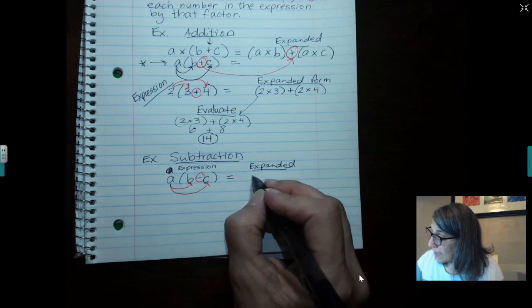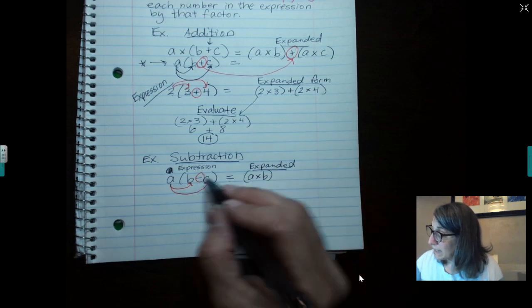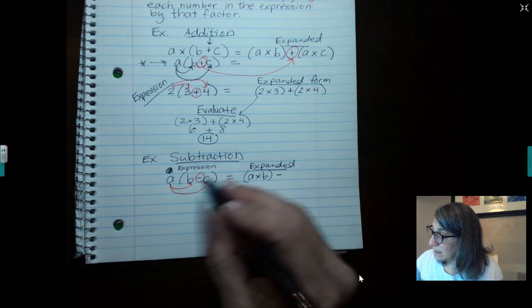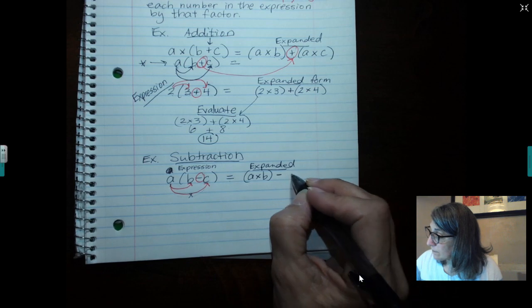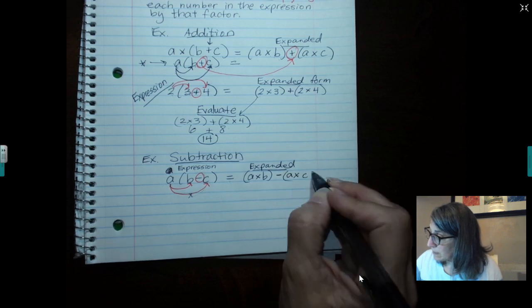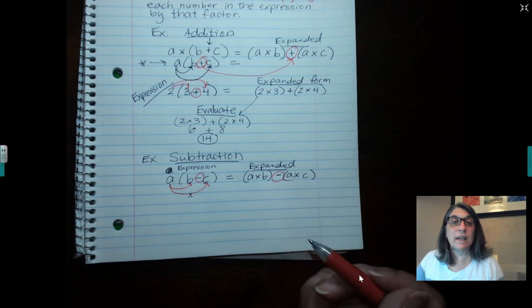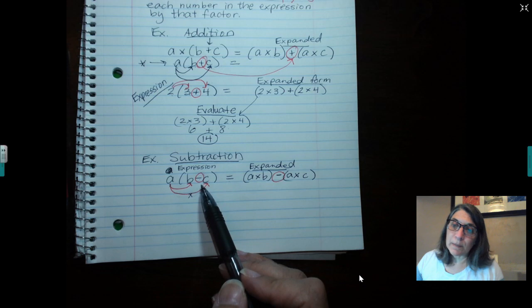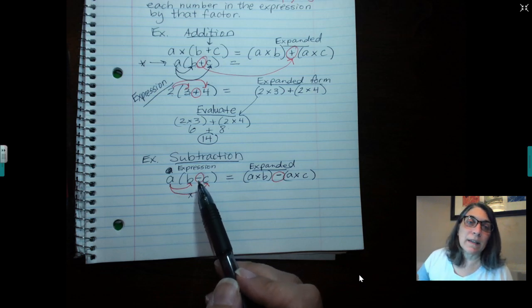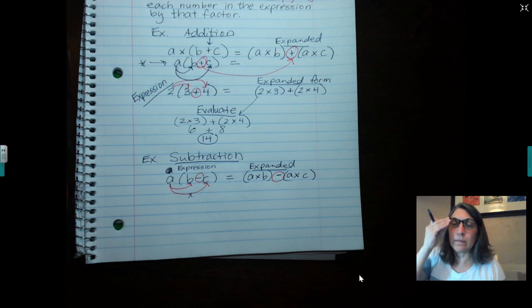So I'm going to do A times B in parentheses minus A times C in parentheses, because I want to keep those grouped together. Again, there's my subtraction sign. You've got to really pay attention to what's inside these parentheses. That is the most common mistake, to add when it subtracts or subtract when it's addition. So just take your time and work a step at a time.